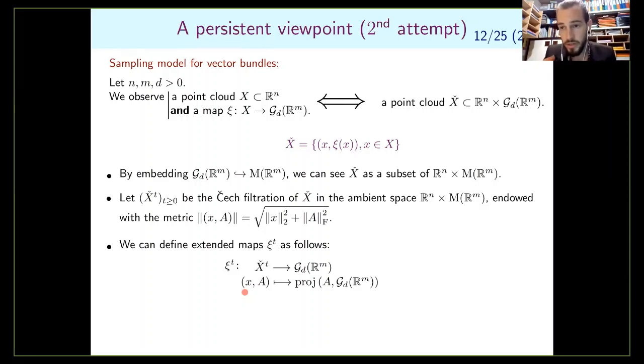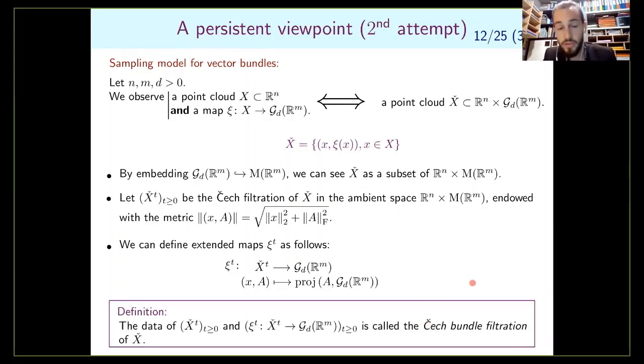A point in the thickening will be a pair, a Euclidean point and a matrix. And you will project this matrix on the Grassmannian, seen as a submanifold of the matrix space. All right, so this works, and this is a structure that I call the check bundle filtration: the check filtration of X check in the product, and these extended maps.